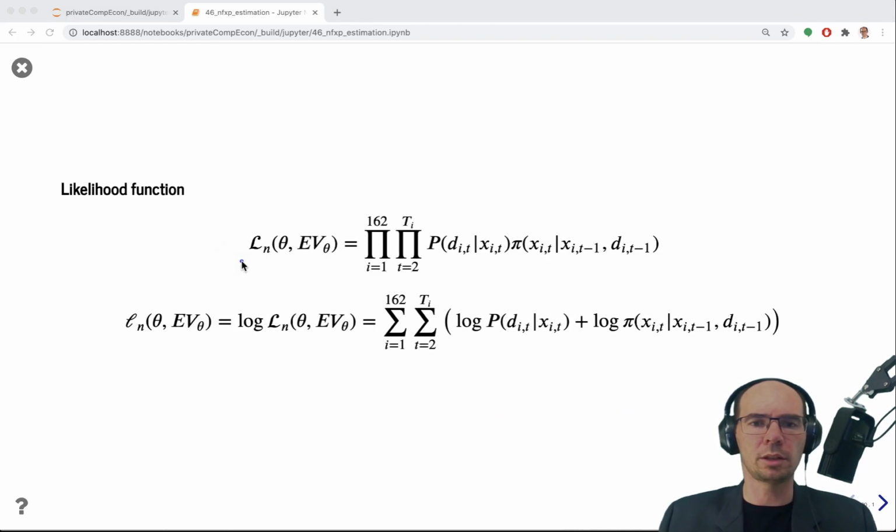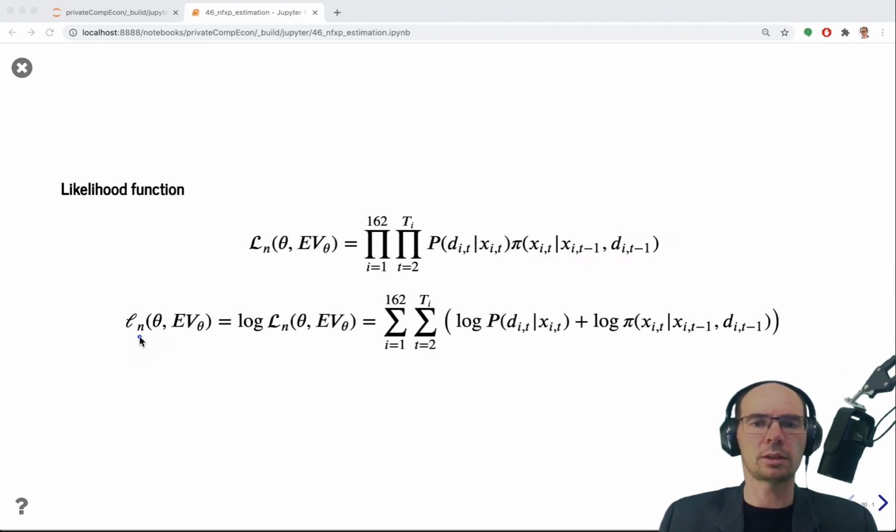Without the logs, the likelihood for the whole sample looks like this. Right? We take the products of the choice probability coupled up with the transition probability in each of the time periods where this is defined.